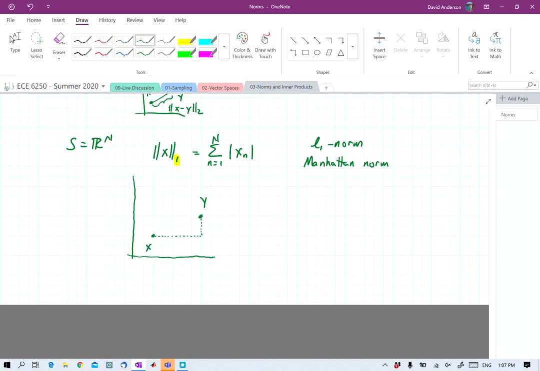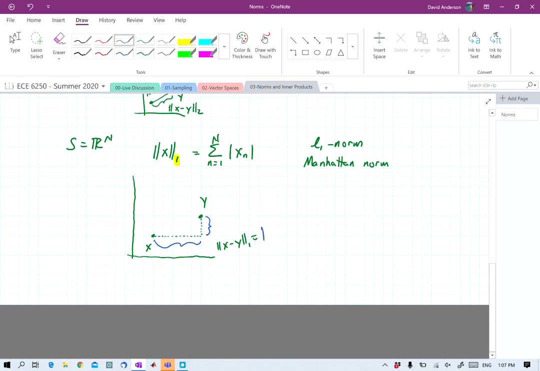So in this case, the total distance is the length of the path that you would take. So if we had x minus y in the Manhattan norm, it's just equal to this distance plus that distance.